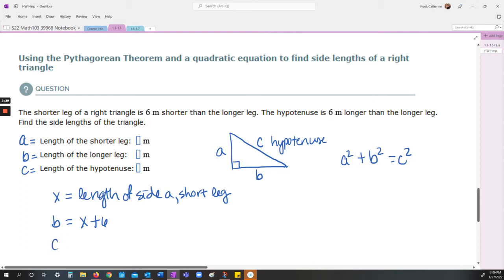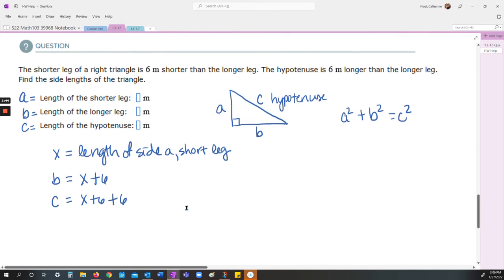So C, the hypotenuse, is 6 meters longer than B, but we're going to use X plus 6 for B, so then plus another 6. So we've got that our three side lengths are, A equals X, B equals X plus 6, and C equals X plus 12.